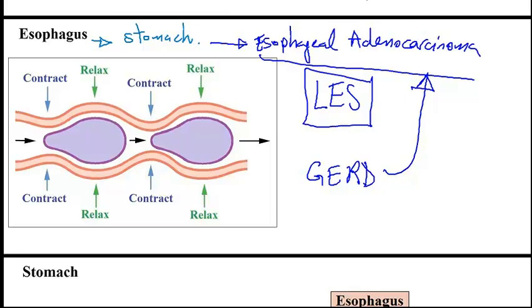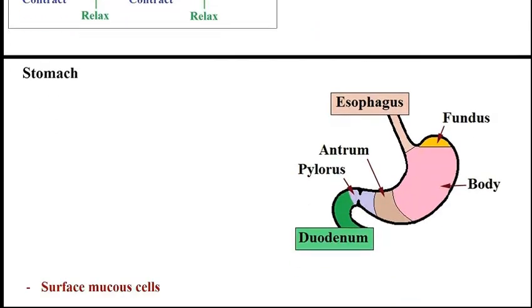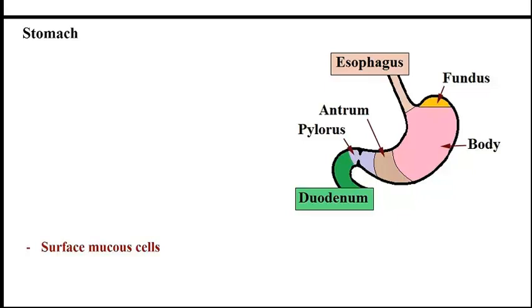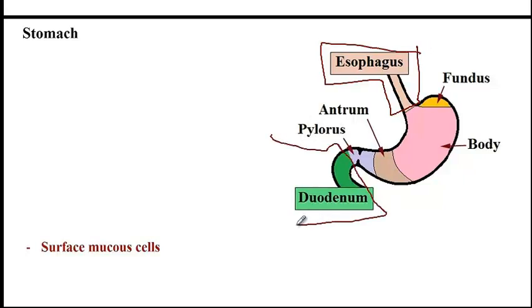Alright, so from the esophagus, food has entered the stomach, and the stomach is basically a thick-walled organ that lies in between the esophagus and duodenum. So the next structure from the stomach that we will encounter is the duodenum. So up to here is the esophagus, and then from here on, the duodenum starts, and here we have the stomach.